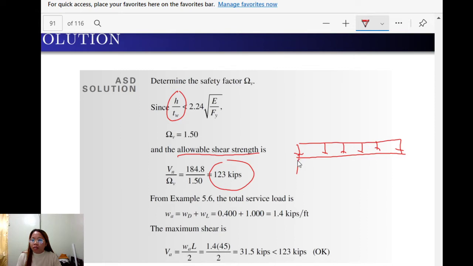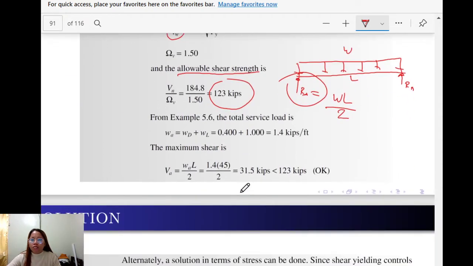This is the beam, you have the reactions, say RA and RB. So at the support, to get the value, this is W and this is L. Again, the reaction is equal to WL divided by 2.